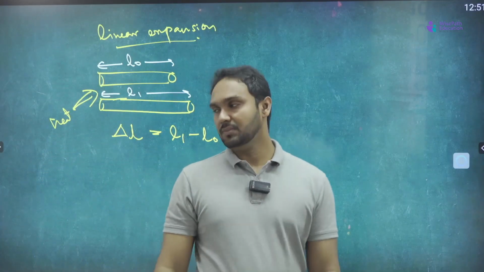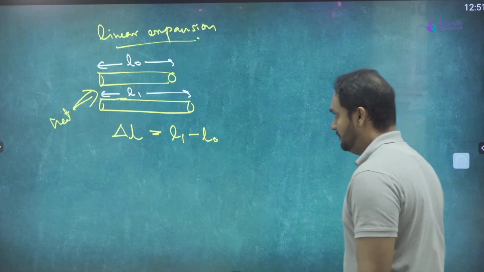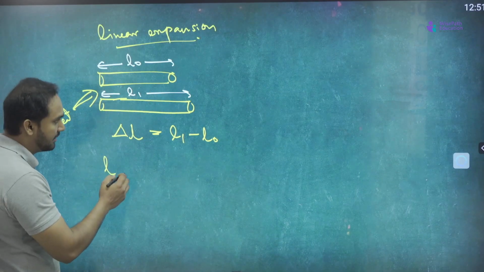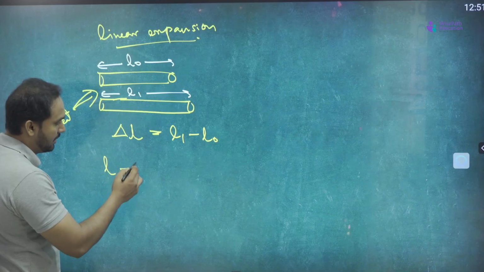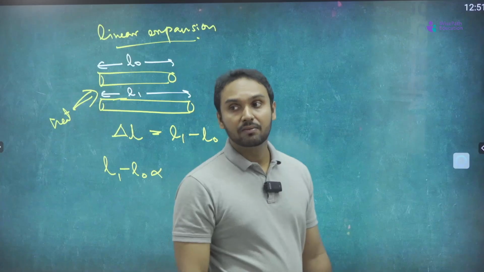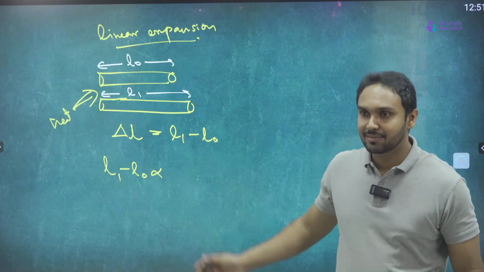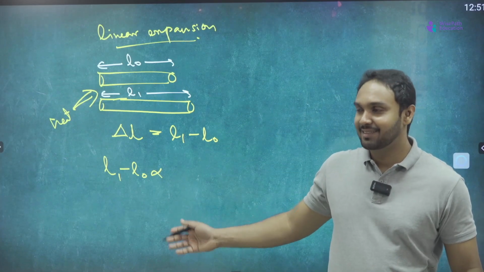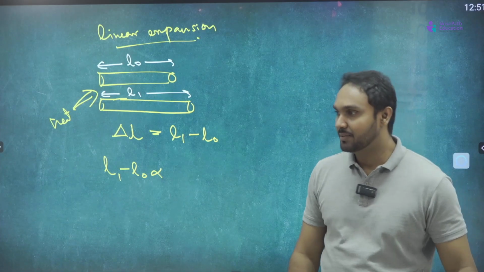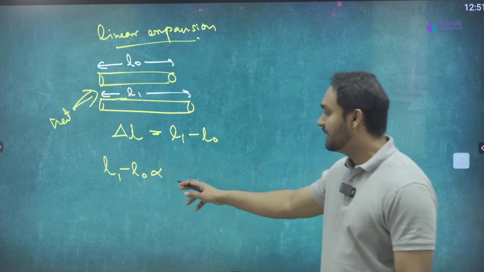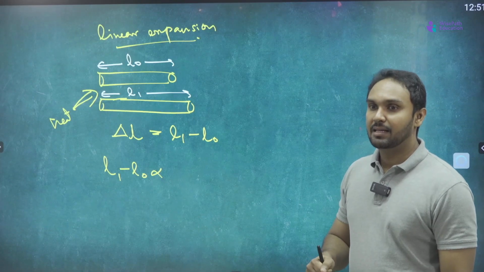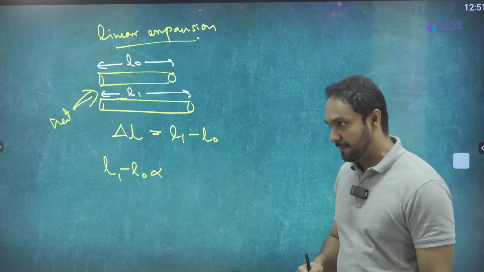Understood? So this L1 minus L0, or the length increased, is directly proportional to what? Not the heat provided. It is directly proportional to the temperature.